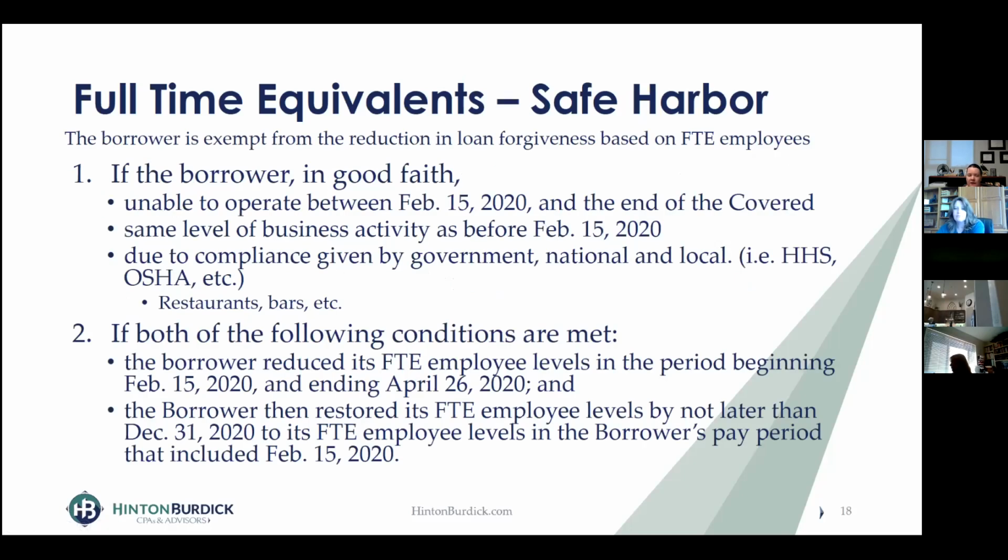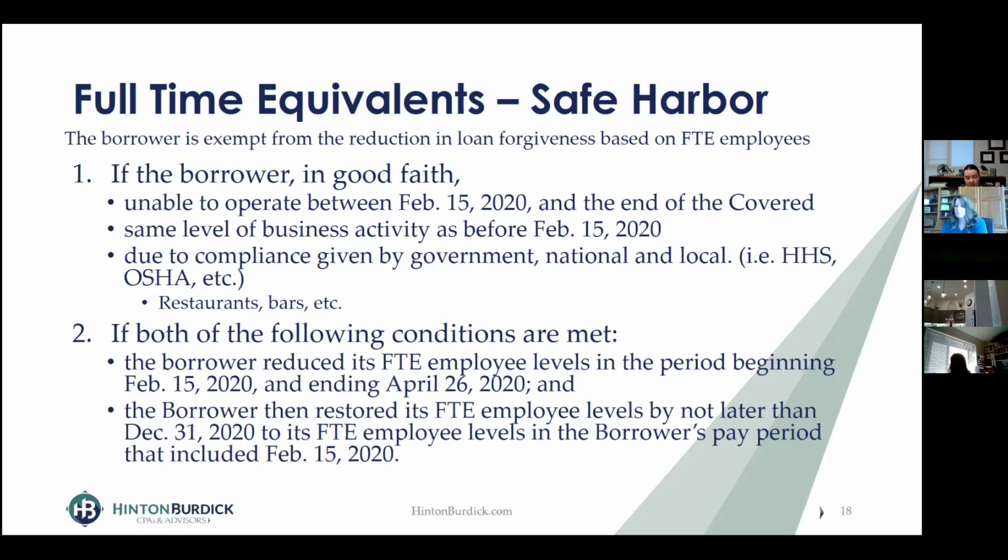So those were the exceptions, and these are called the safe harbors. So if you're unable to operate during the covered period the same as you did before February 15th, due to compliance with any government entity, national or local, that's requiring you to be in compliance with certain health guidelines, then you don't have to have a full-time equivalent reduction.